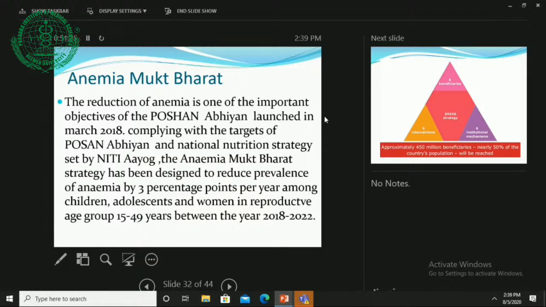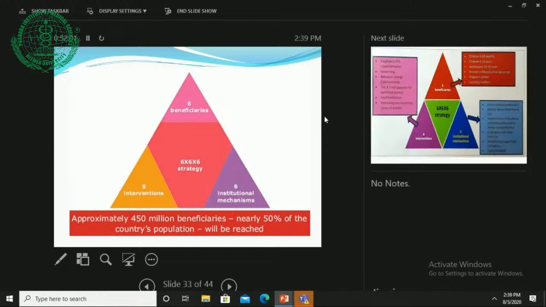Complying with the targets of Poshan Abhiyan and national nutrition strategies set by Niti Aayog, the Anemia Mukt Bharat strategy has been designed to reduce prevalence of anemia by 3 percentage points per year among children, adolescents, and women in the reproductive age group, that is 15 to 49 years, between the years 2018 to 2020. So by 2020 we want to reach this target.